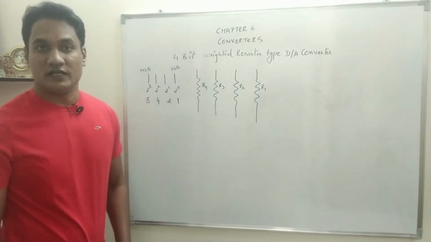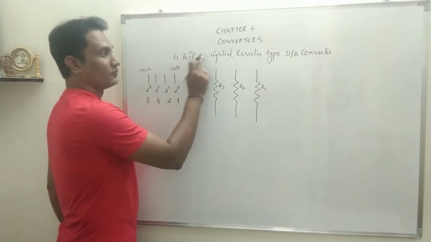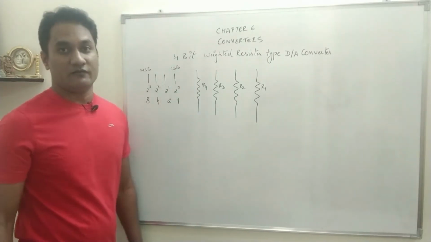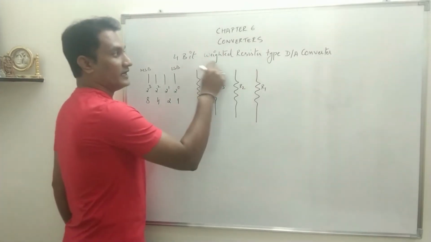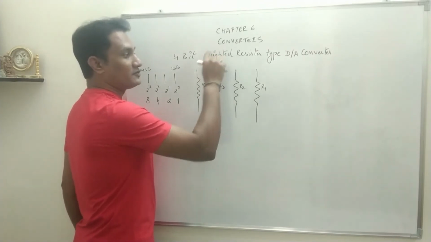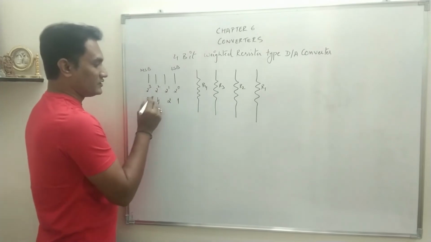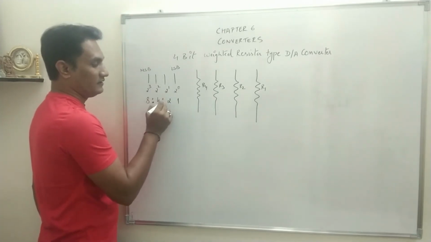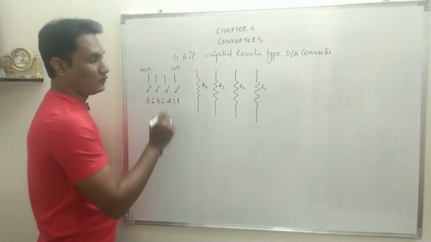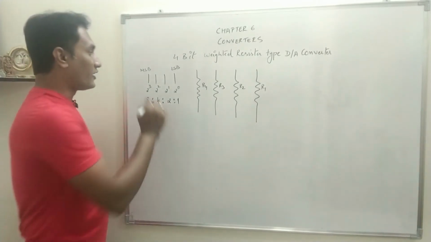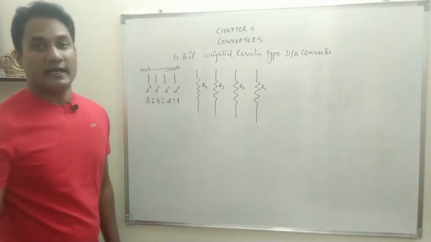We use 4 resistances because we have 4 bits, so we have to design a 4-bit weighted resistor. Now for the term weighted, you have to make sure that the resistances which are connected give a weight ratio of 8:4:2:1, starting from MSB to LSB.